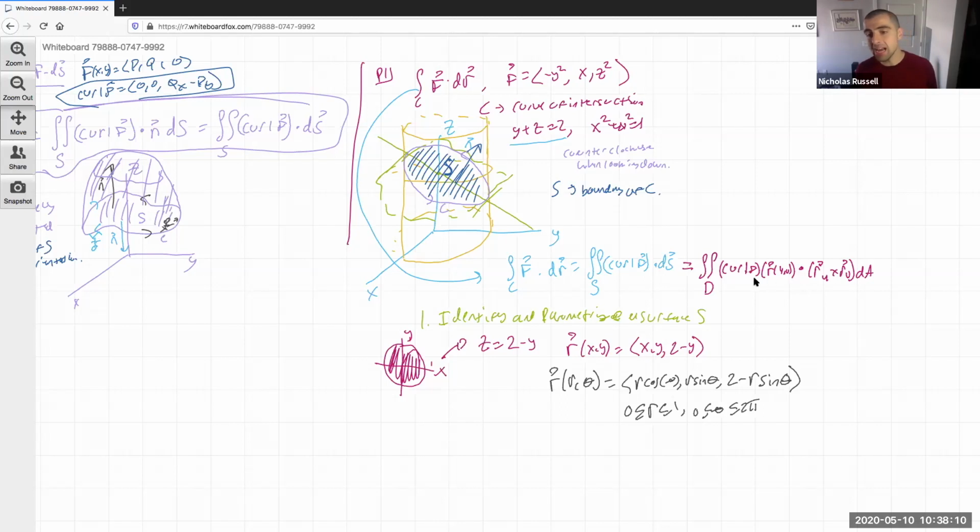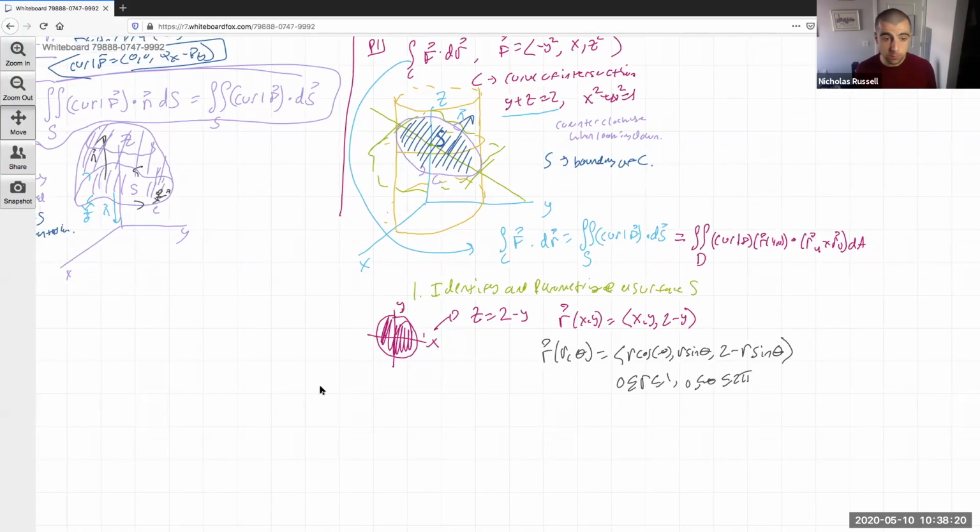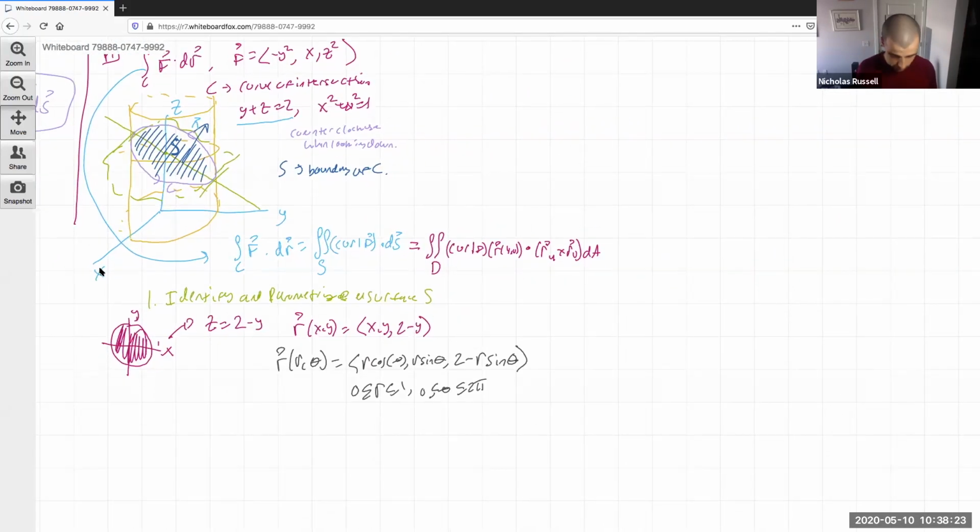This is my goal. I need to compute the curl of F with respect to my variables r of u,v, and then take the cross product. So since I already have this, I'm going to take the cross product of these right now, and go from there. So that's at least what I'm going to do first.